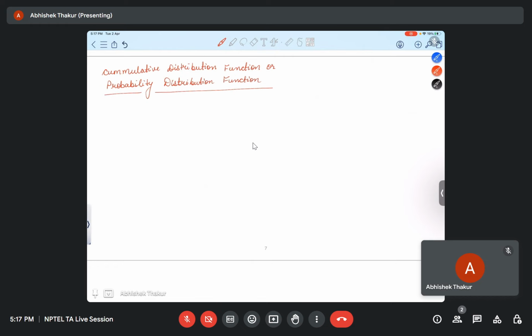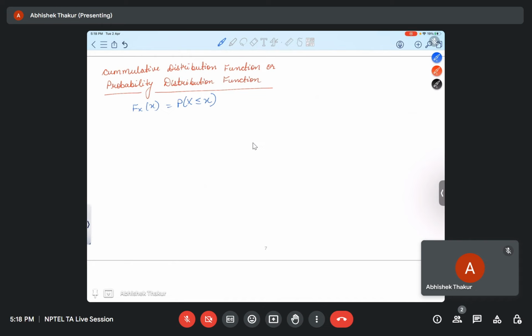we have already seen what is the probability mass function. Now we will see the probability distribution function, that is also called the cumulative distribution function. So the probability distribution function F of x is given as the probability of X such that the value of X is less than or equal to small x.